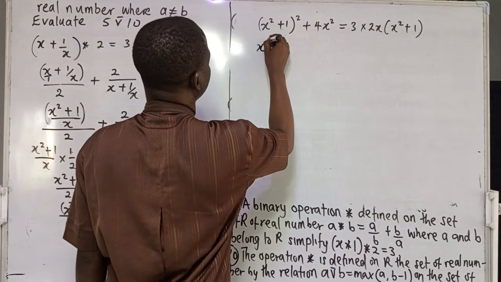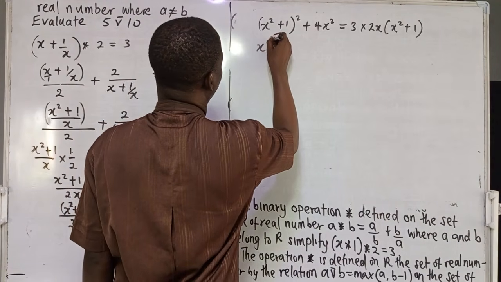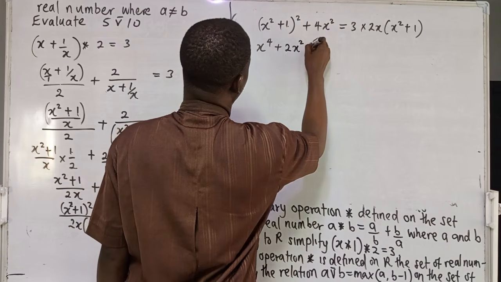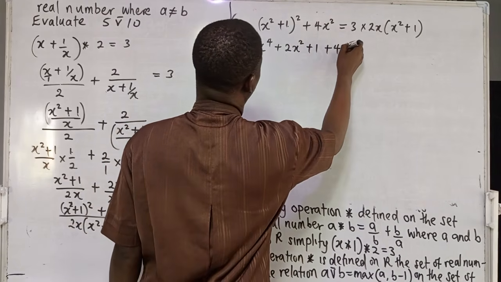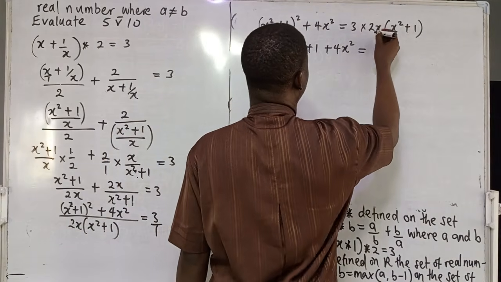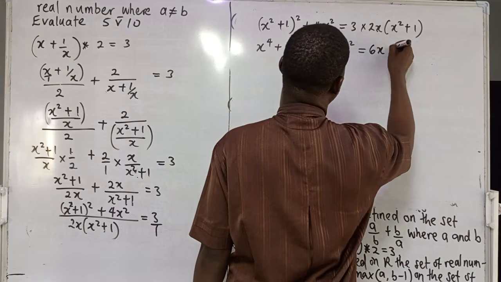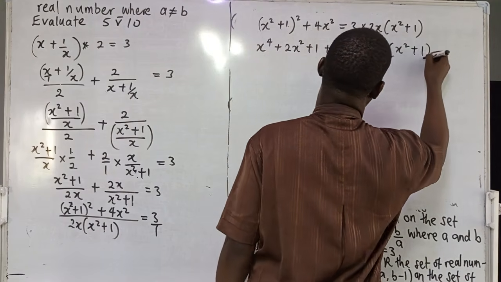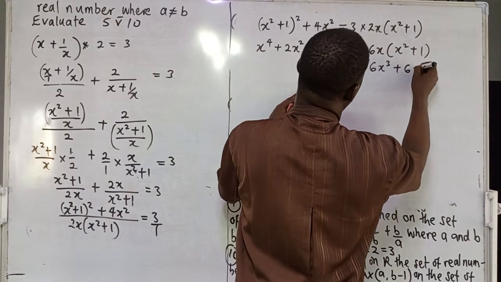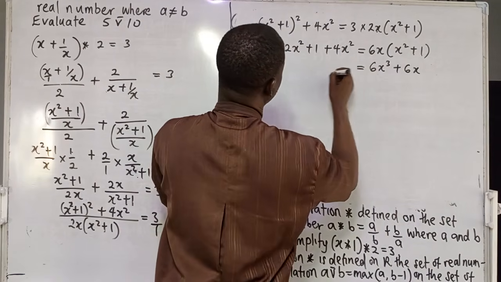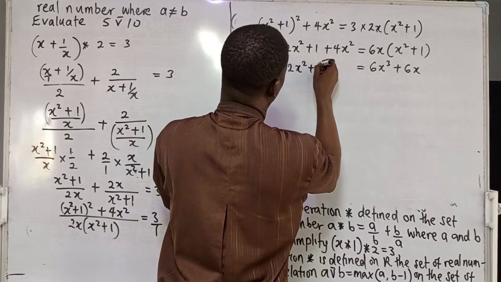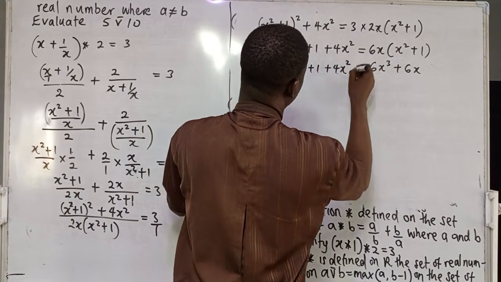I would have X raised to power 4 plus 2X squared plus 1 plus 4X squared is equal to 6X into bracket X squared plus 1. Open up the bracket, I would have 6X cubed plus 6X is equal to X to the 4 plus 2X squared plus 1 plus 4X squared.